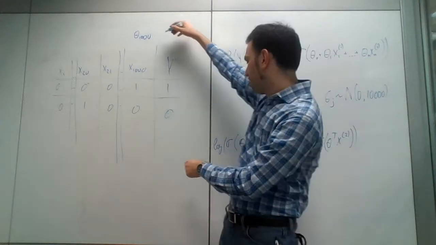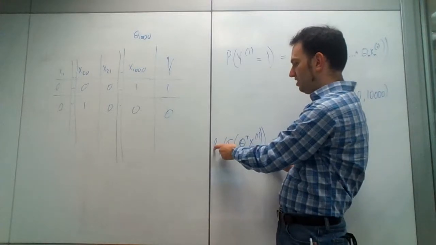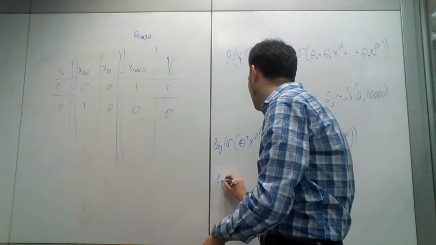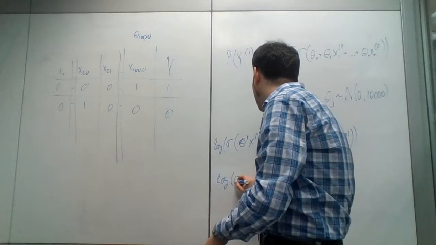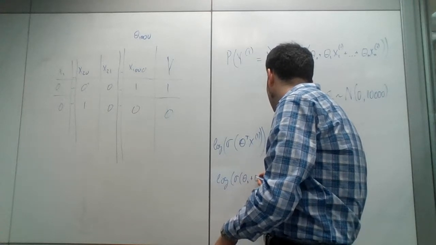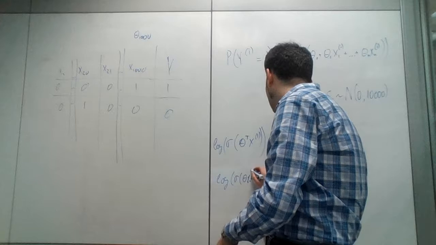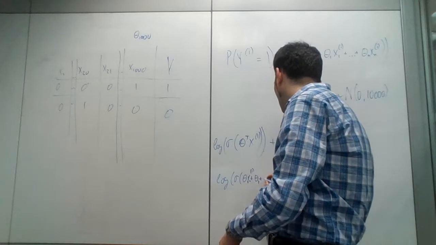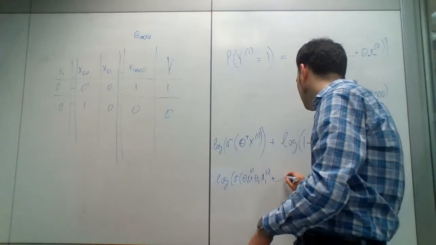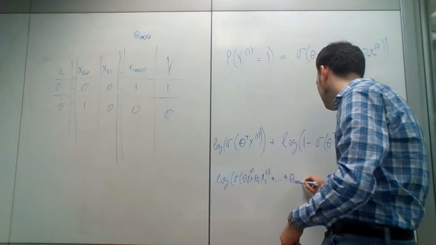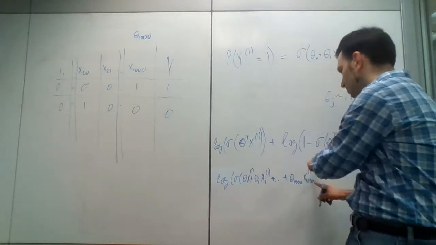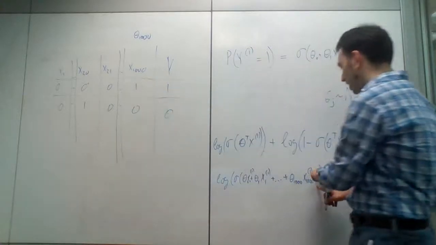For which theta 1000 is this maximized? This is just the log of sigma of theta 0 plus theta 1 x1 and so on plus theta 1000 x1000, and this x1000 is 1.